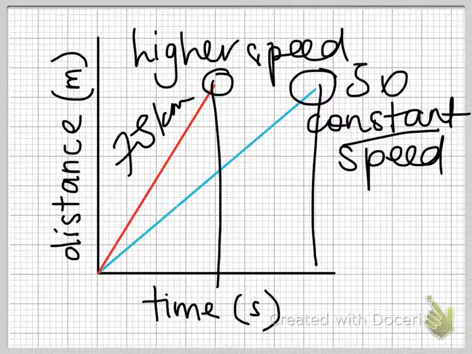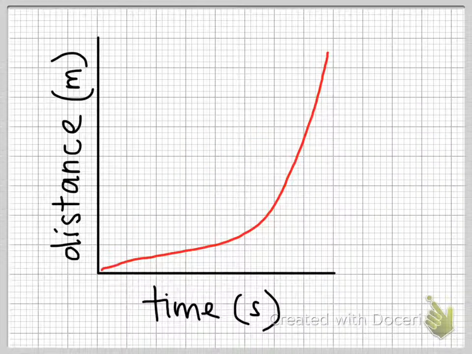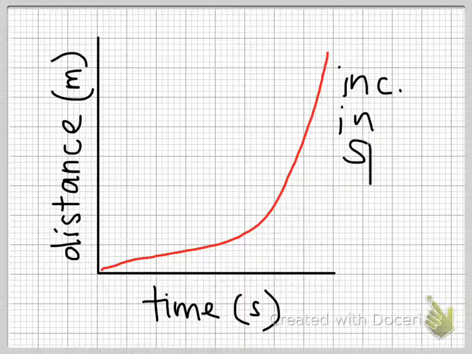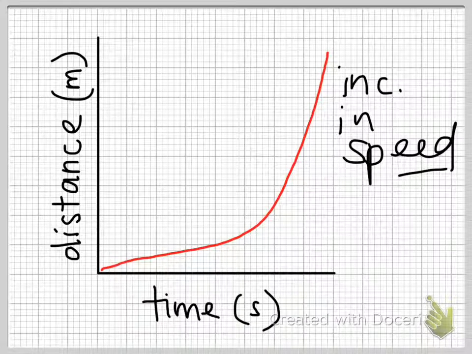Okay, so this is the last distance time graph that we're going to look at. As you can see, the line here is not straight, so we're not looking at constant speed. What we're looking at here is an increase in speed. So what this is actually showing is acceleration.